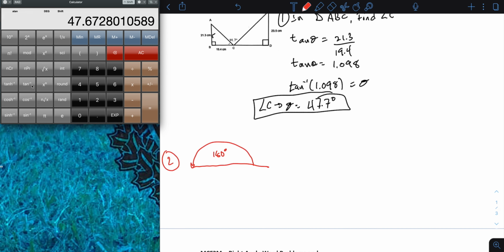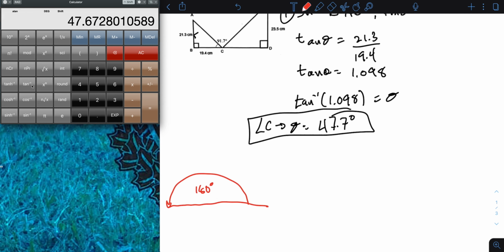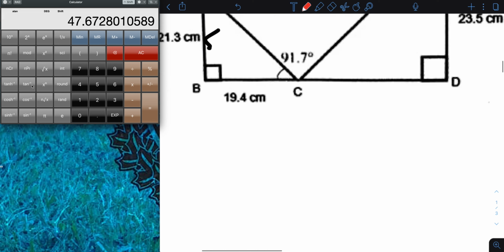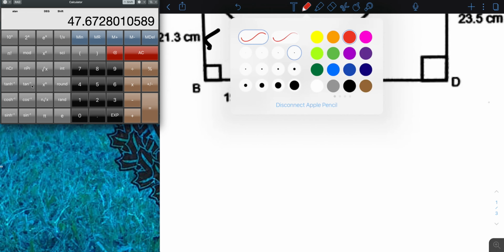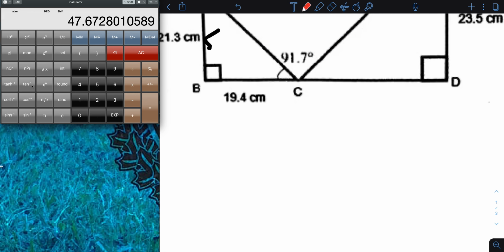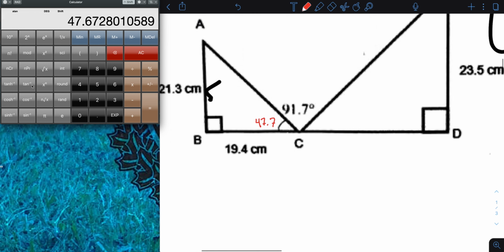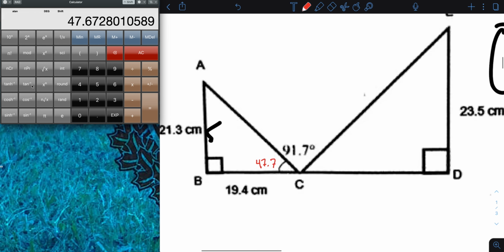If I zoom in here for a sec, I've now figured out that this angle here was 47.7 degrees. So from one side to the other, from here to here, is going to be 180 degrees. What I'm after now is this angle here.